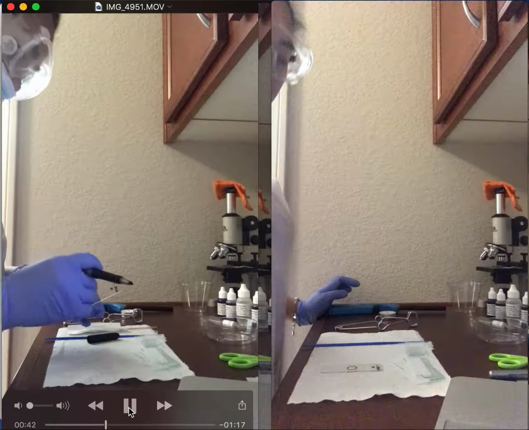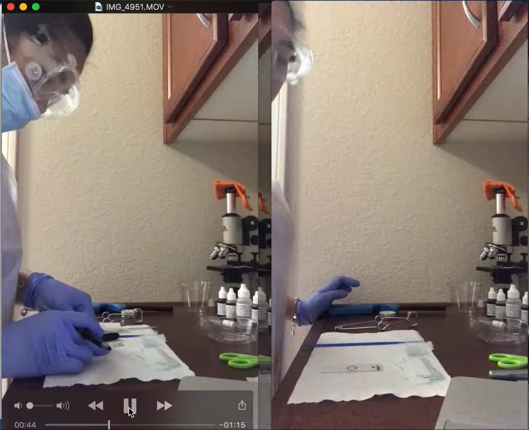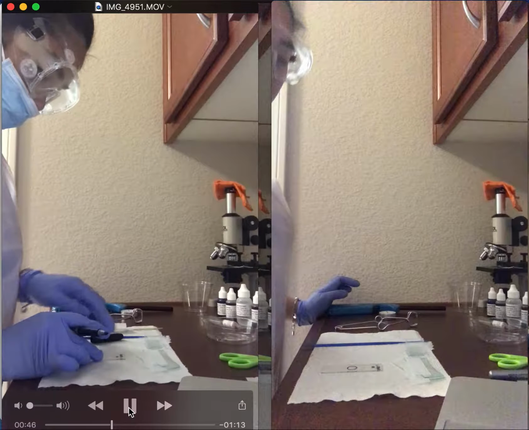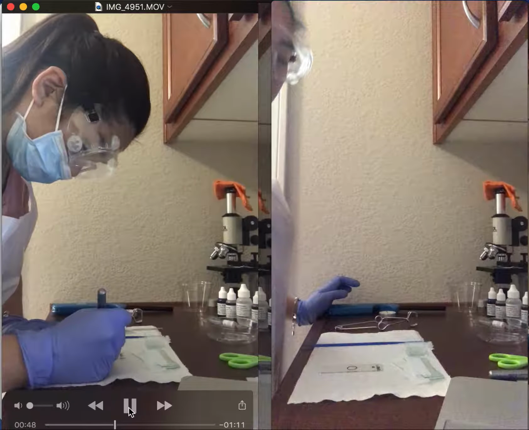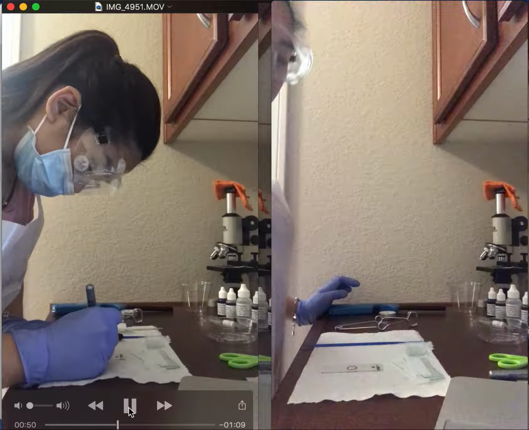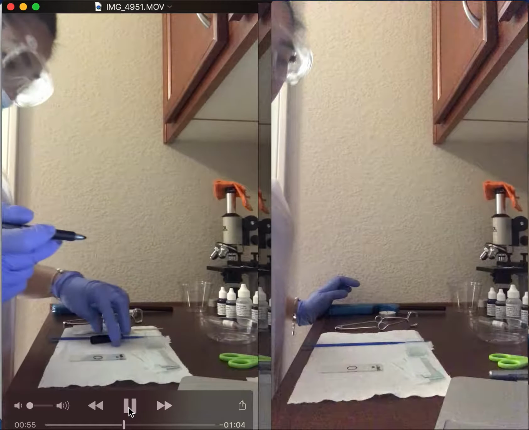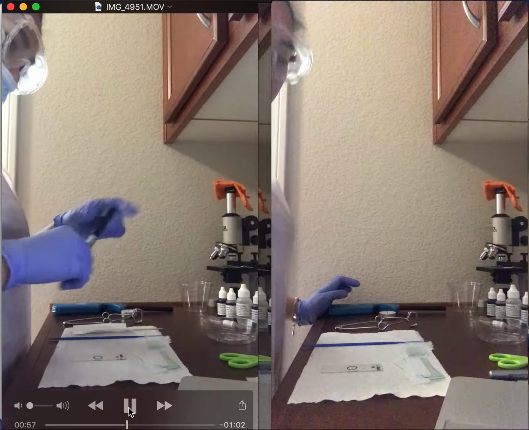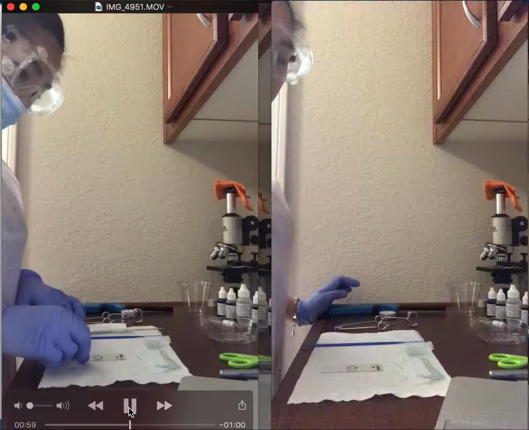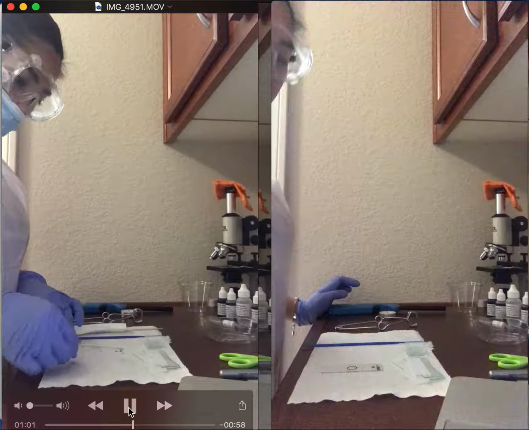After we have labeled our slide, we turn it over and draw a dime-sized circle. And then we turn our slide back so the label is facing up.